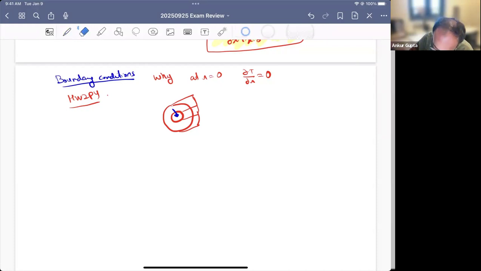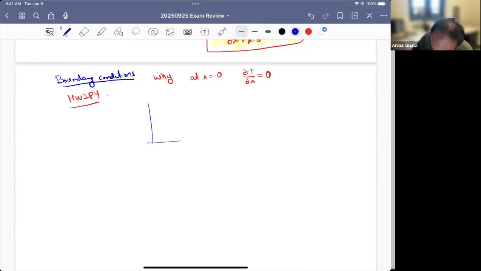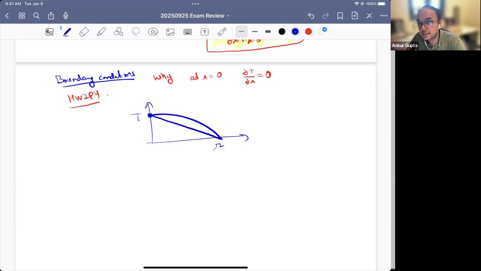Maybe this is another way for you to think about it. If I am thinking about a profile of T versus r, and my profile doesn't have a derivative equal to 0, and I sketch a profile like this, you can imagine when I convert it back to the x and y coordinate system beyond the origin, I will get some sort of non-smooth line.